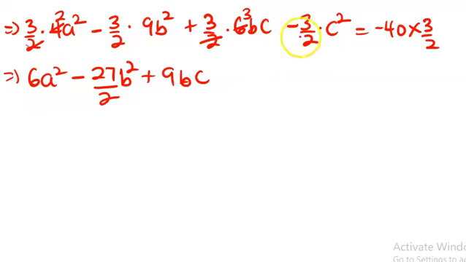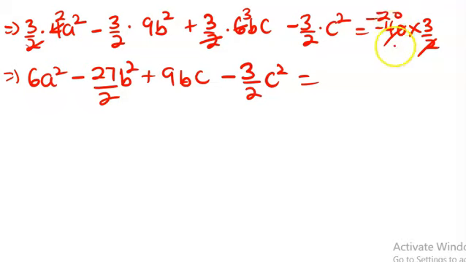And then this one is already there, so we have minus 3 on 2 c squared, and 2 will go into 40, that is 20 times. So minus 20 times 3, which is minus 60. Good. So looking at the left hand side, it is the exact expression that we were asked to evaluate. So our answer is minus 60.